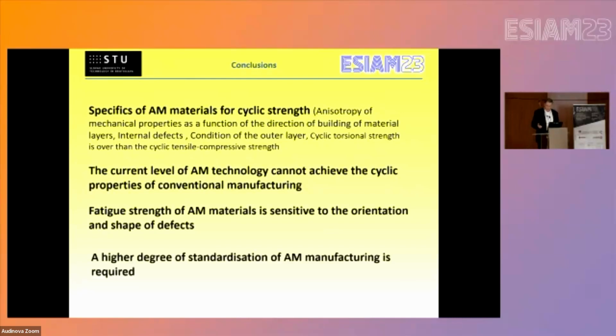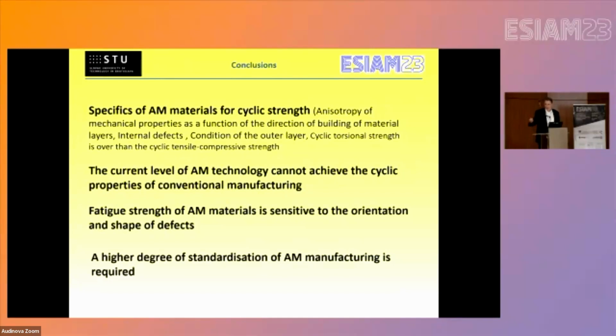Yes, I mentioned it. What is very much required is a higher order of standardization of AM materials, because now tests are in process with the same specimen, the same material, but from a different producer, different supplier, with the same process and same machine, and different suppliers lead to different properties.